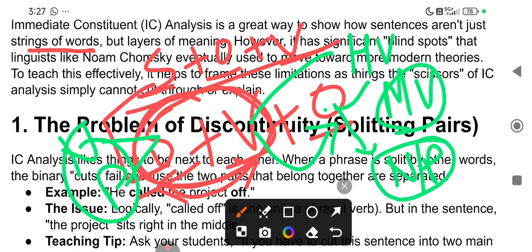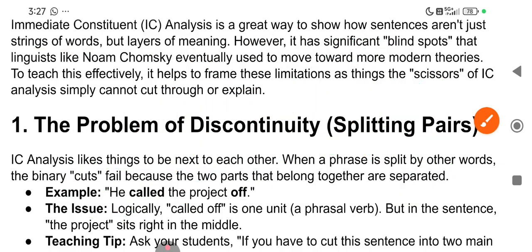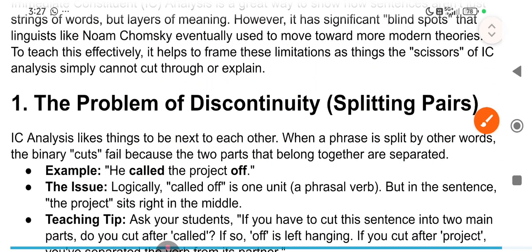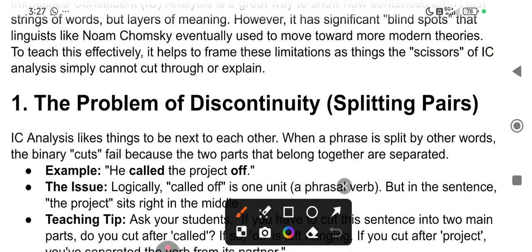Here, in fact, there is subject-verb agreement. If the subject is singular, the verb must be singular. If the subject is plural, the verb must be plural. Then we have to take care of the object or complementizer phrases and all, right? That is the layers of meaning. A sentence is layers of meaning.